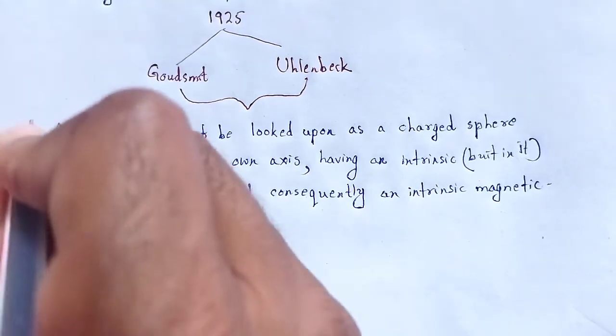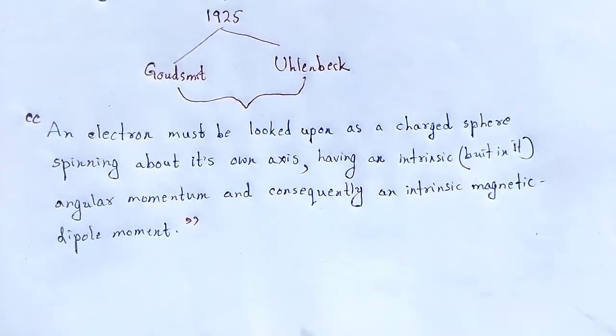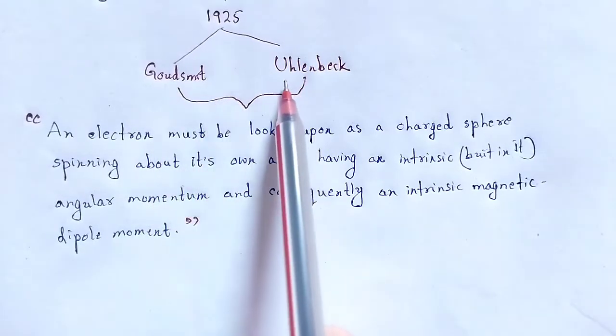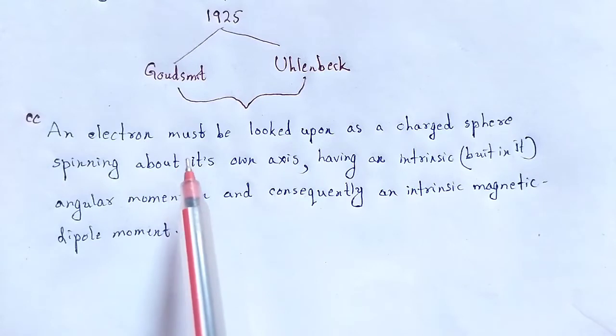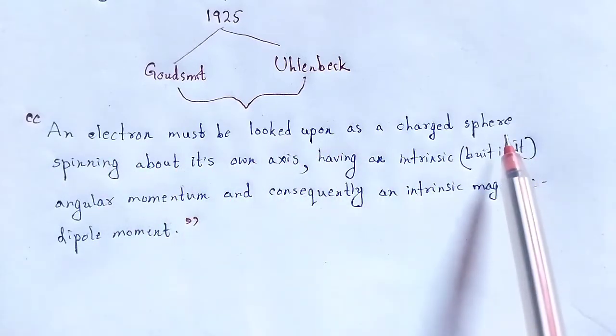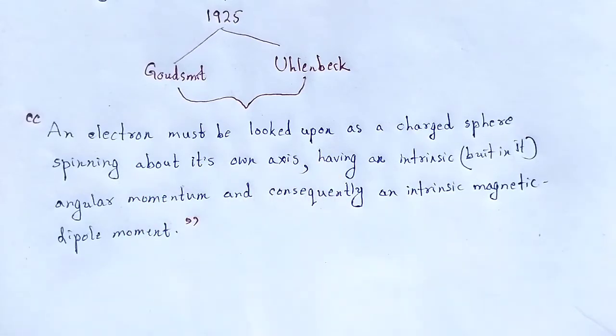This is the proposal of Goudsmit and Uhlenbeck: an electron must be looked upon as a charged sphere spinning about its own axis.